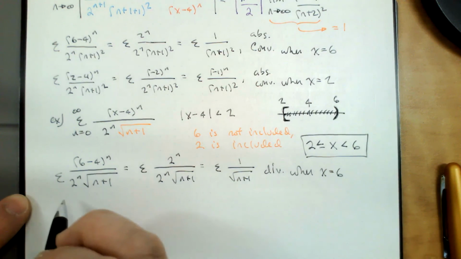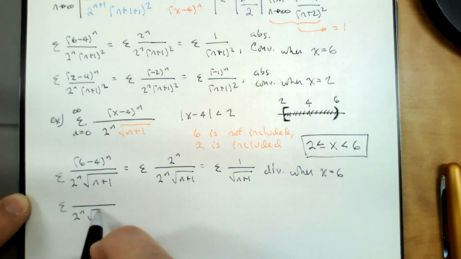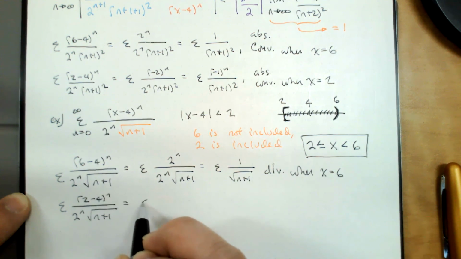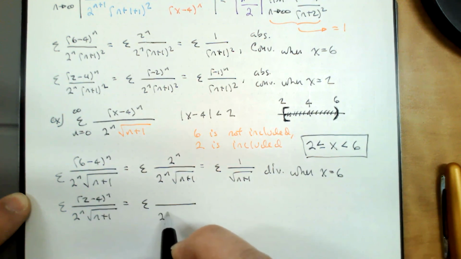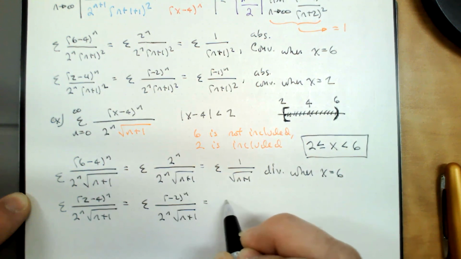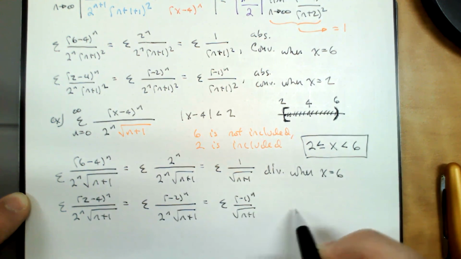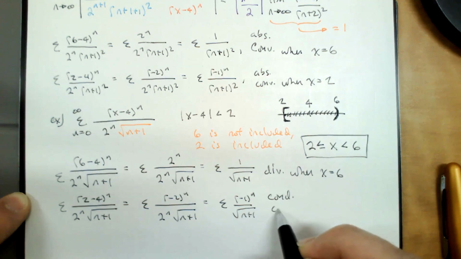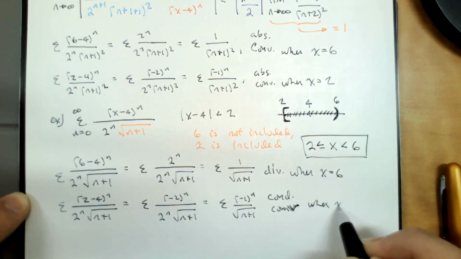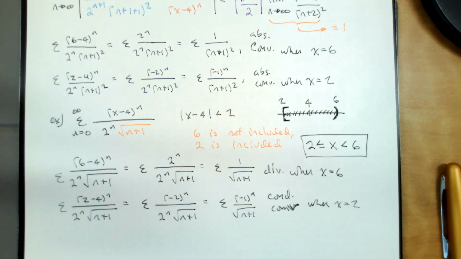It gives us 1 to the n or negative 1 to the n. So we get divergence at one endpoint and conditional convergence at the other endpoint.